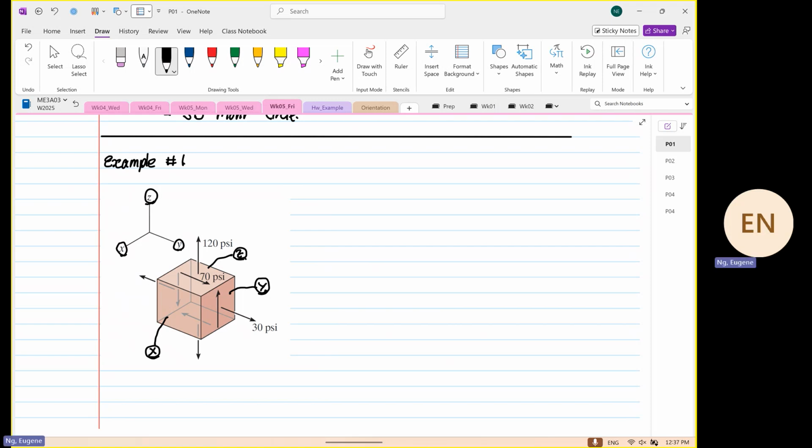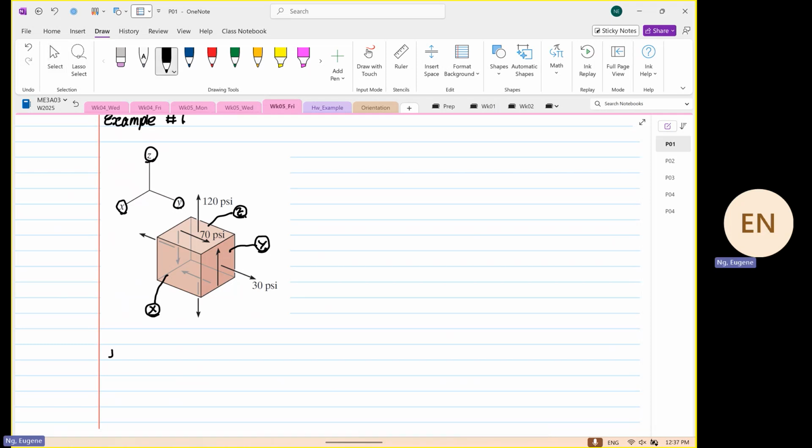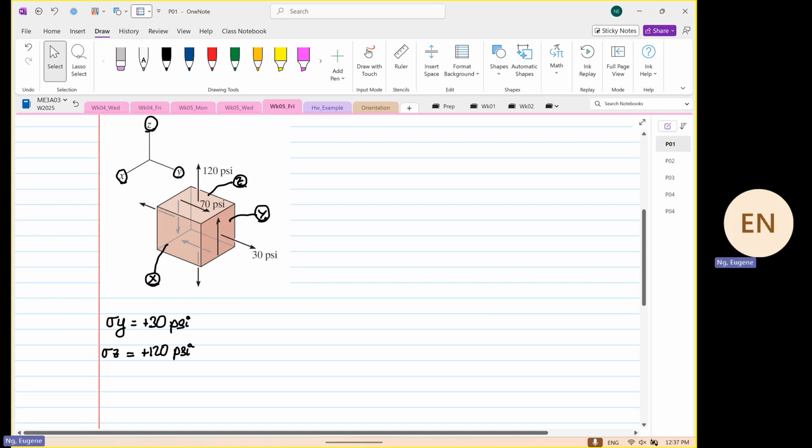Okay. So immediately from here, we can see that your normal stress Y is equal to positive 30 psi. Your stress Z is equal to positive 120 psi. Your stress X is equal to 0.